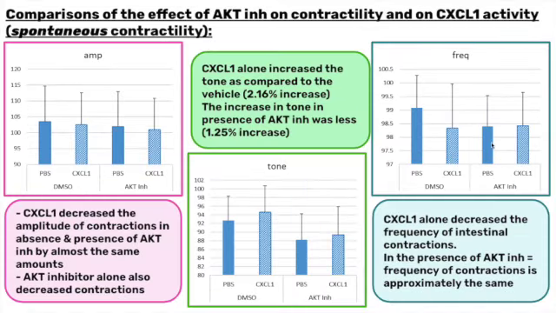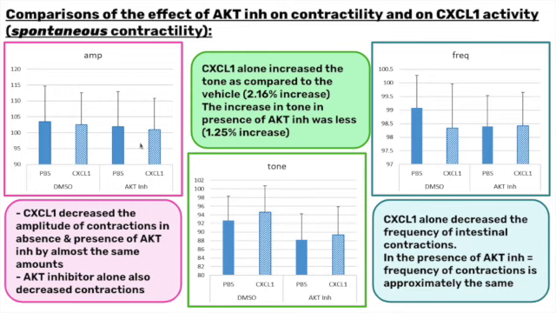In the next slide here, we'll move on to discuss the other aspects of intestinal motility, the amplitude, the tone, and the frequency. First, we can see that there were no vast changes when it came to the amplitude, although CXCL1 managed to decrease said amplitude by approximately the same amount in both the presence and the absence of AKT inhibitor.